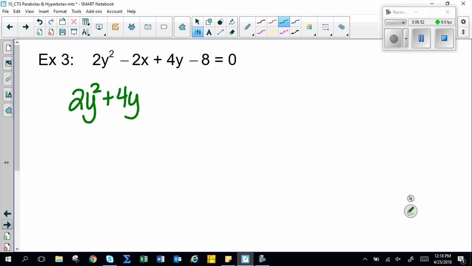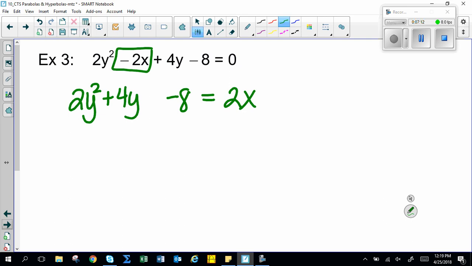I'm going to leave my constant term alone, and I'm going to move the variable that doesn't have a square to the other side. Because in my final answer, this is going to be a sideways parabola, and I want it to be x equals something, quantity squared.